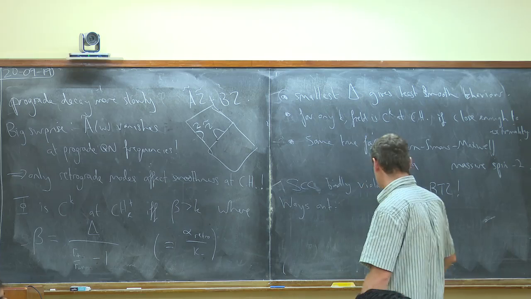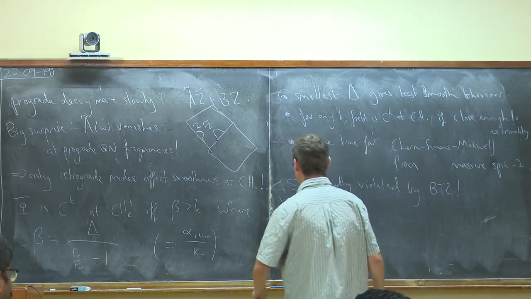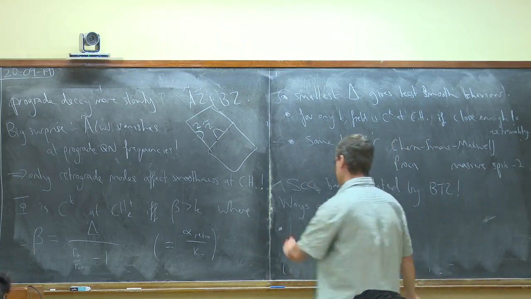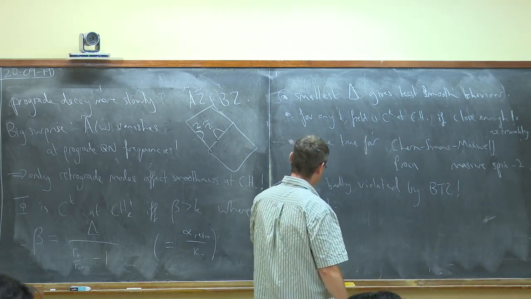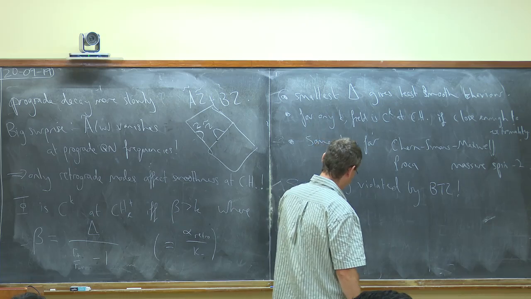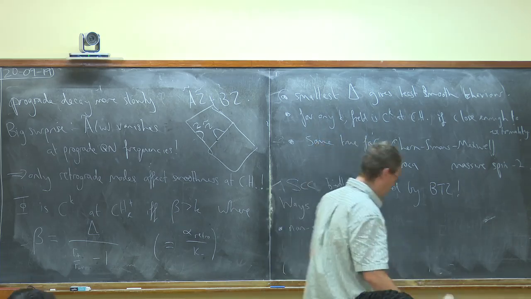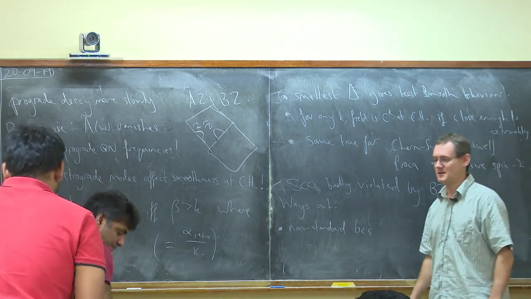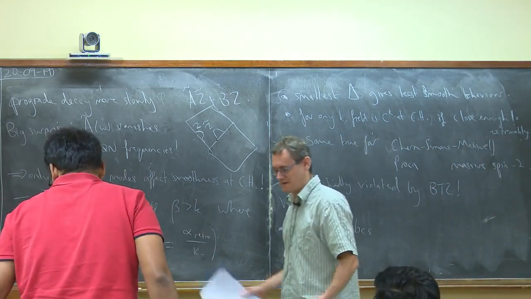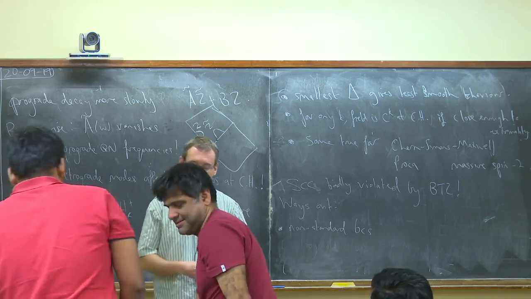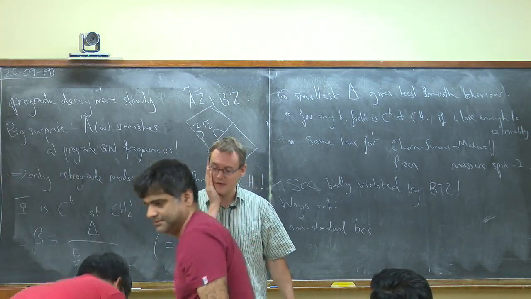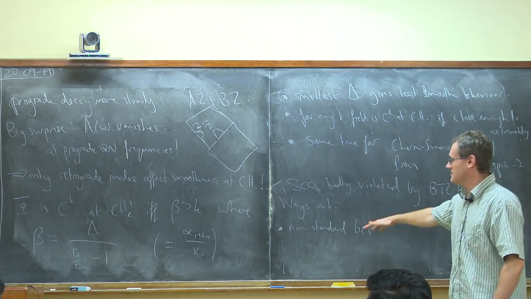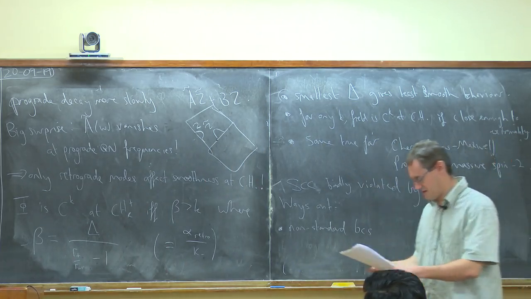So how can we get out of this? Well, the simplest way out would be to change your boundary conditions. So if we use some non-standard boundary conditions, as I'm sure most of you know, if we have a field with low dimension, then you can impose mixed boundary conditions.